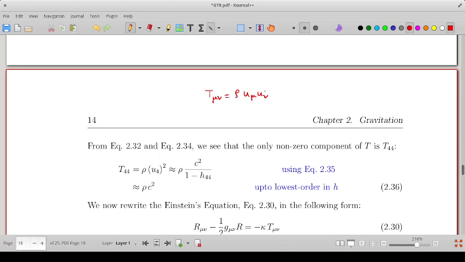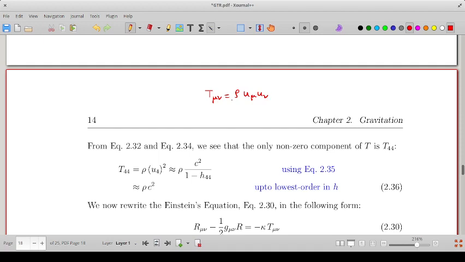In the rest frame of the dust, the u^i are all 0. The spatial components of the velocity are 0, and the only non-zero component corresponds to μ equal to 4 and ν equal to 4.